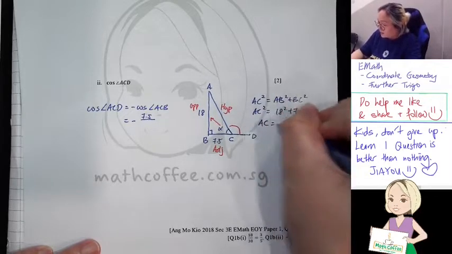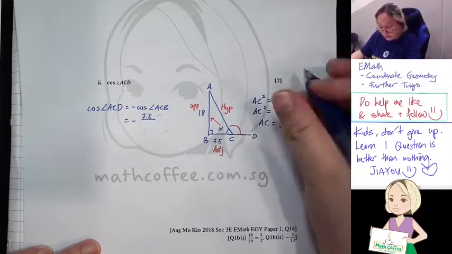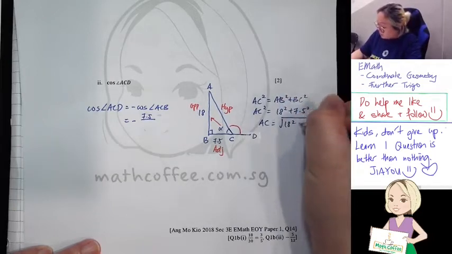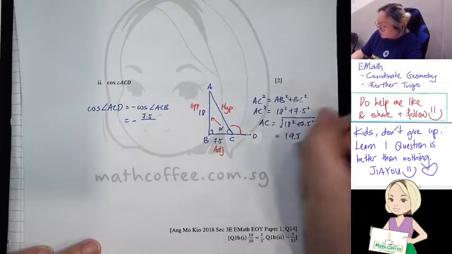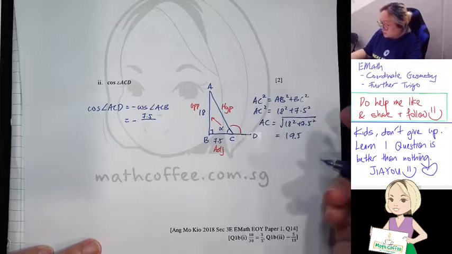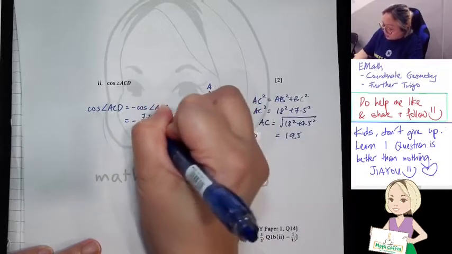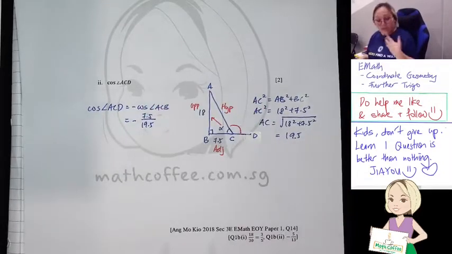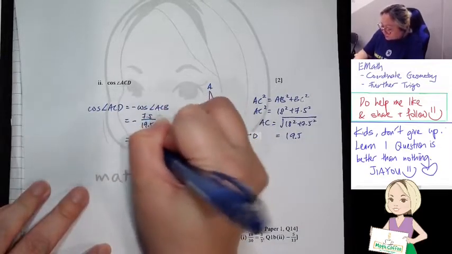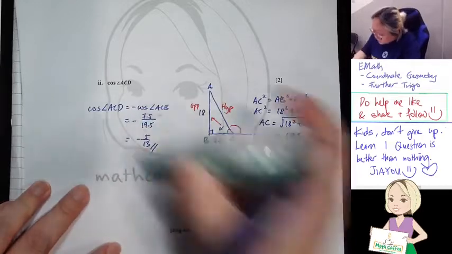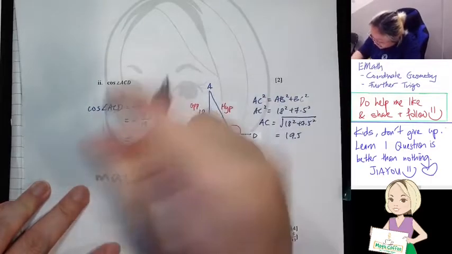Therefore my AC is the square root of 18 square plus 7.5 square, and that will give us 19.5 units. Press the calculator, of course, and you will get negative 5 over 13. And you're done. Make sure the minus is obvious.